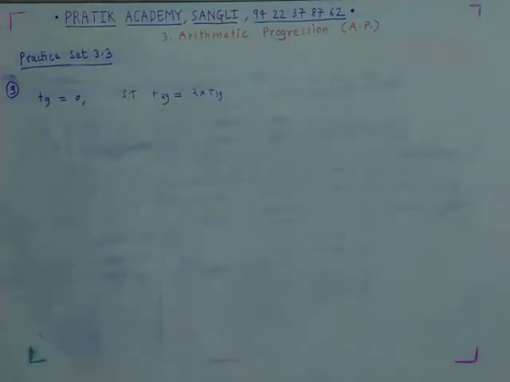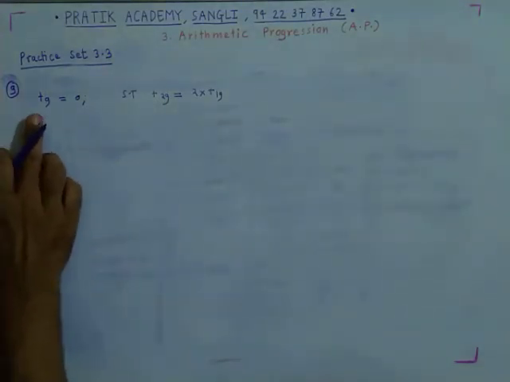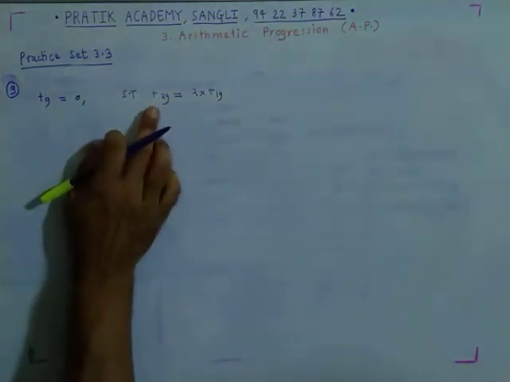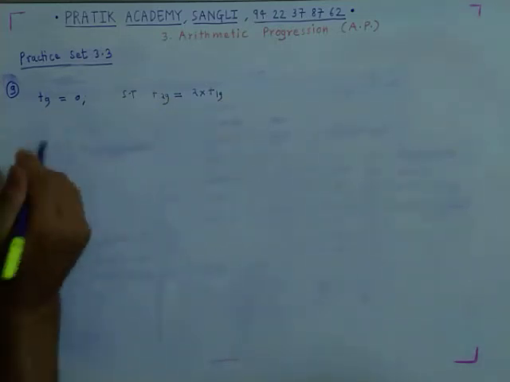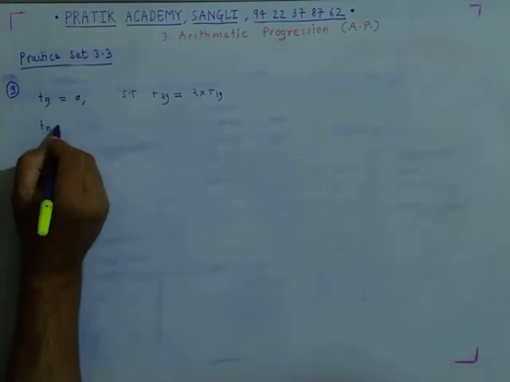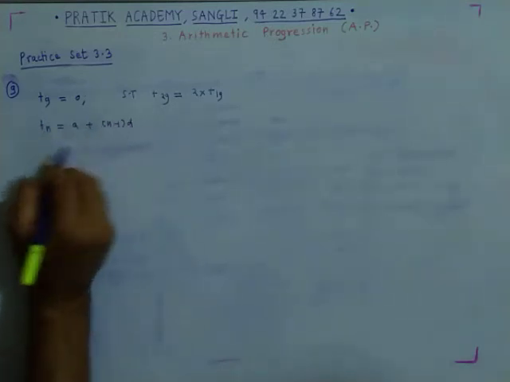Now for that purpose we will use the equations for t9, t29 and t19. We have the formula tn is equal to a plus n minus 1 into d.